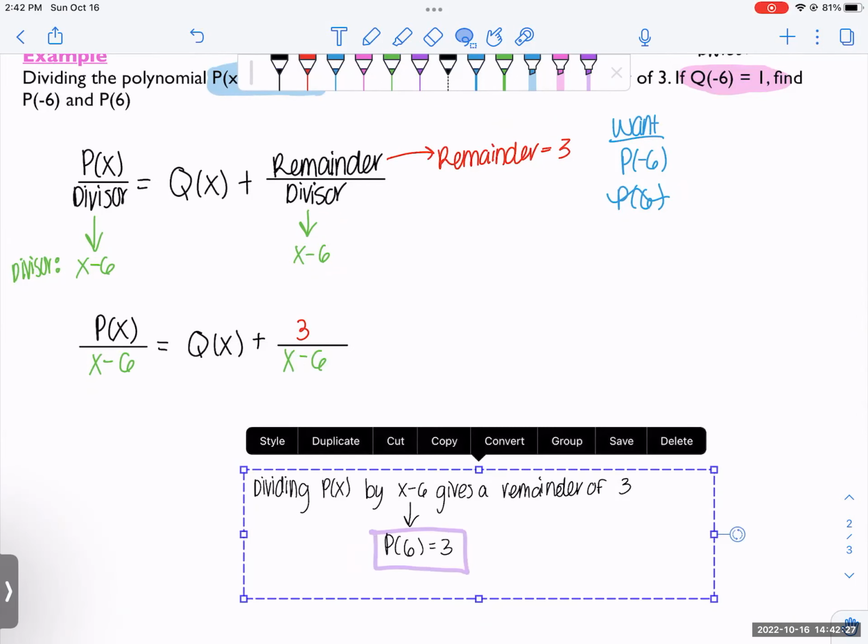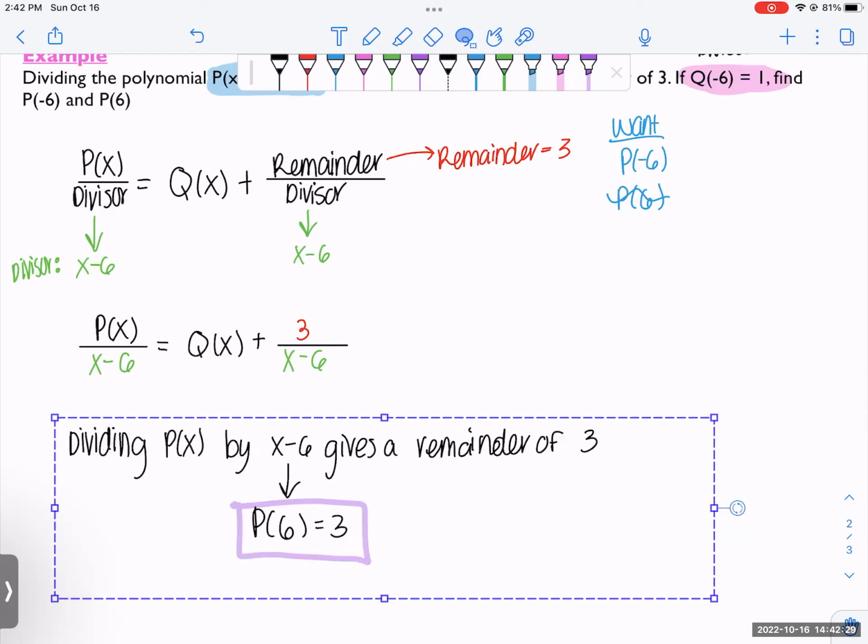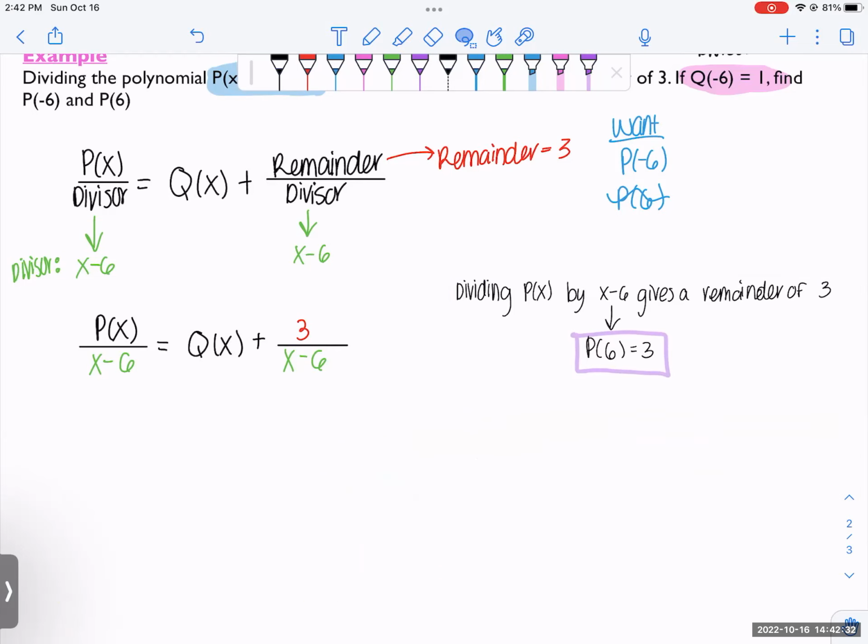We're going to have to think about this q of negative 6 thing, because the best we can do with that information is we can say q of negative 6 could go right here. But if we're doing that, that means we're plugging in x equal to negative 6.